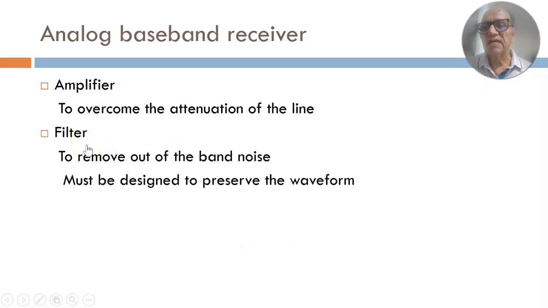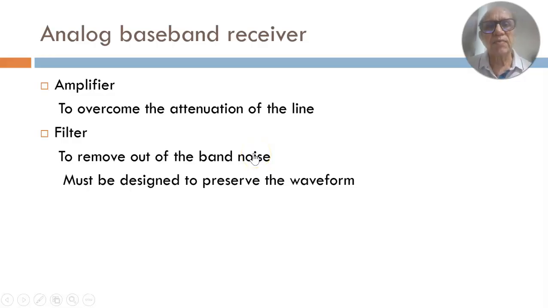Then you require a filter, and the filter has two objectives. One is to remove the out of the band noise. See, understand, every signal will always occupy certain band spectrum, and if you want to preserve the nature of the waveform, then the filter must have a gain which is constant in that band spectrum.